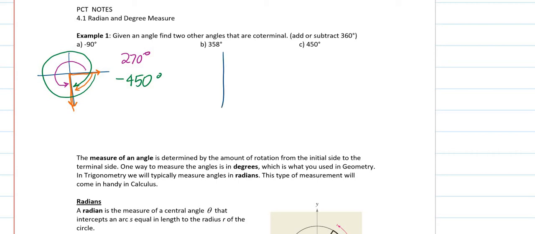If you think about 358 degrees, 358 degrees is going to be just barely shy of a whole circle, right? So we went all the way around and then just barely missed making the whole circle. So that's our starting one.